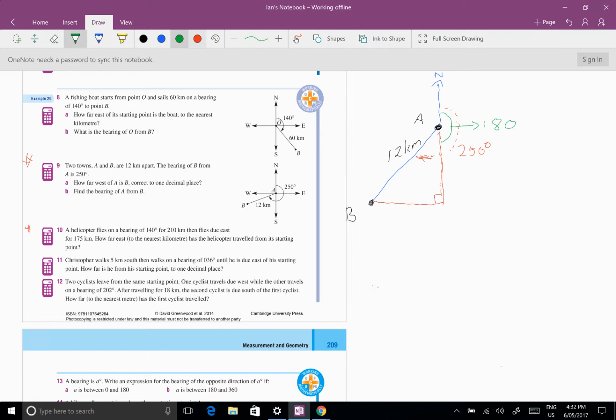So to find this angle in here, I go, well, 250 minus 180, and that equals 70. So that's 70 degrees in there.